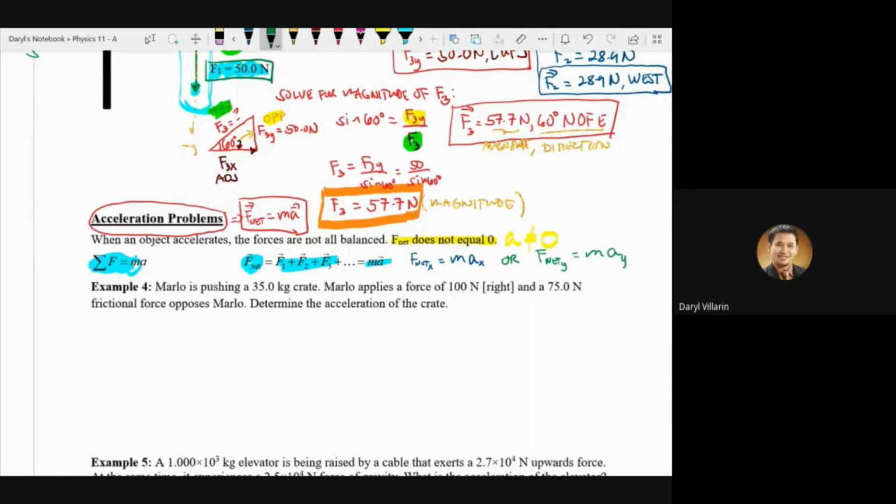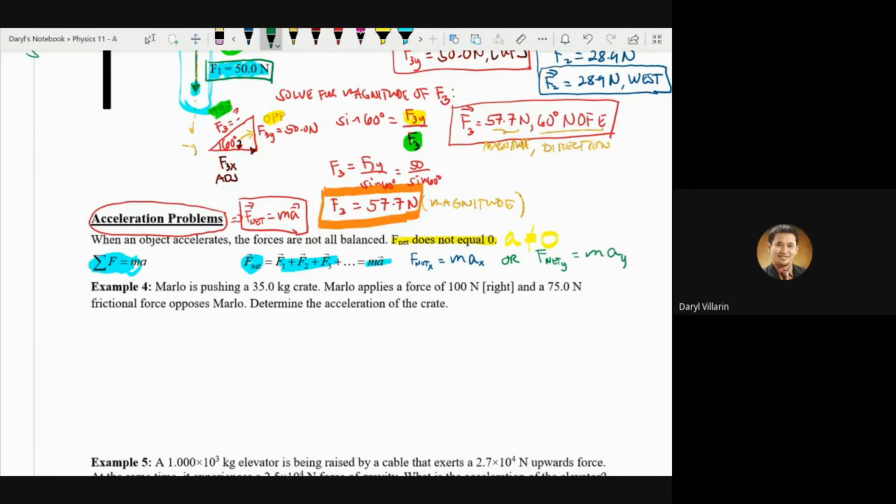But in most cases, the acceleration is just along a single axis, or even on inclined planes, where the surface is angled off from the horizontal, you can still break it down to parallel or perpendicular to the incline.